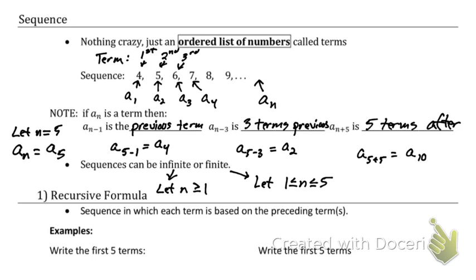I would just write down 4, 5, 6, 7, 8, and I would be done. If I let n be greater than or equal to 1, I'd have to write it as is, because my n's would just keep getting bigger and bigger. All right, that is, at its heart, what a sequence is and how we denote it.